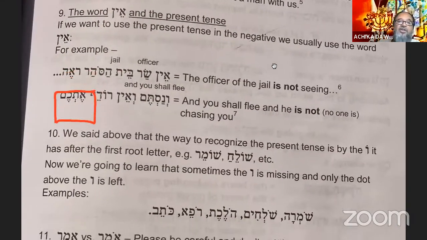So the way that they're translating this is that the officer of the jail is not seeing. Why? Because it's negated, meaning I've negated the action. He can't see. And the reason I know it's "-ing" is because this little dot, that O sound, tells me that it's an "-ing."